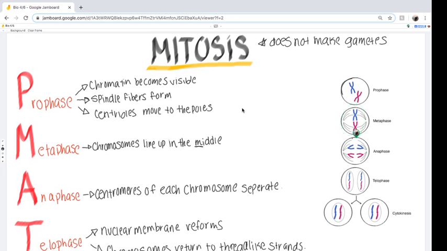And then the anaphase is where the centromeres of chromosomes separate. So after it's lined up in a single file, the spindle fibers pull away the chromosomes from each other, making it chromatids. And then finally in the telophase, the nuclear membrane reforms and the chromosomes return to thread-like strands right here, basically the opposite of prophase.